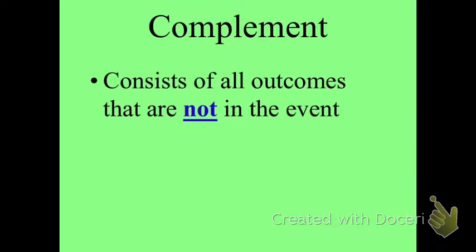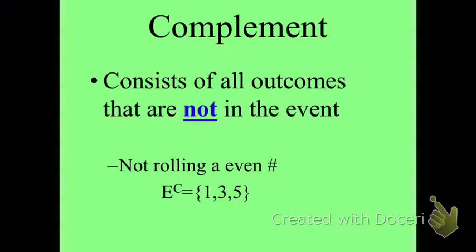A complement consists of all of the outcomes that are not in the event. So not rolling an even number would be 1, 3, and 5. The notation for complement is this superscript C. This right here means complement, and this E represents event. So the event with a superscript C would be the complement.